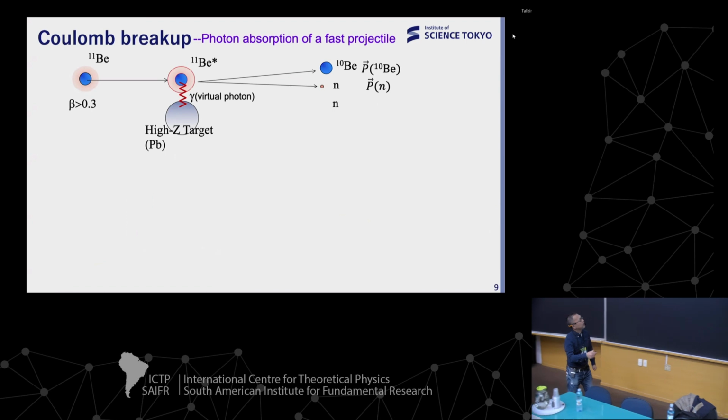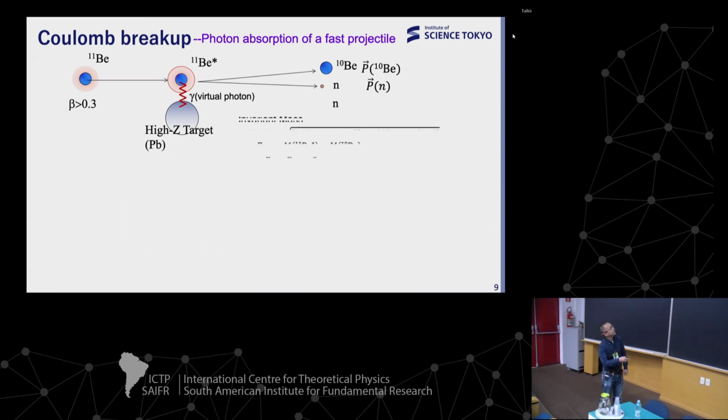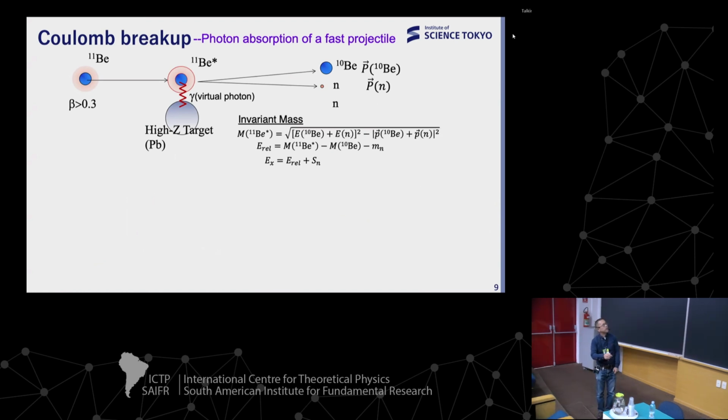So in the experiment, we measured the momentum vectors of beryllium-10 and the neutron. And then we can extract the invariant mass. So you know this equation, I think. This is simple relativistic kinematics, E squared minus P squared, basically, right? So if we measure the momentum vectors of these, we can also extract their energies.